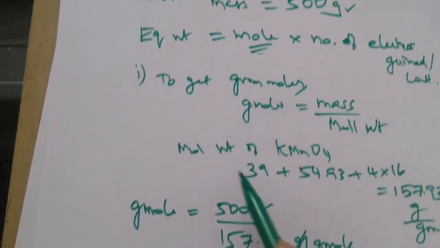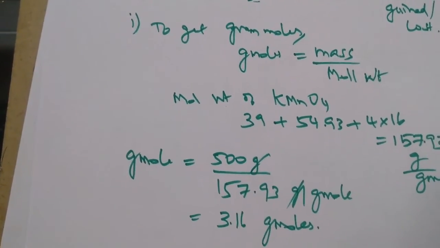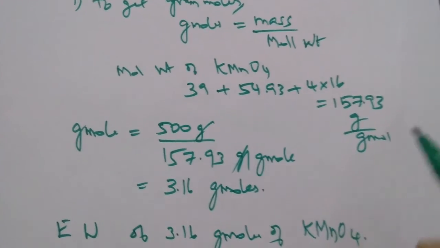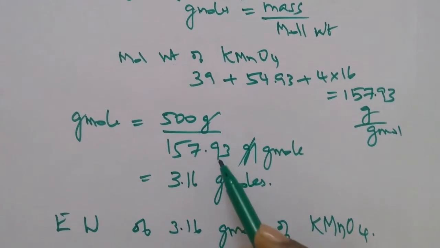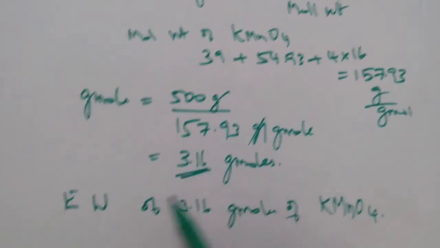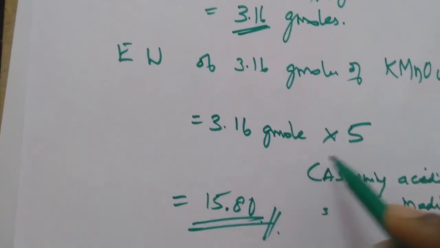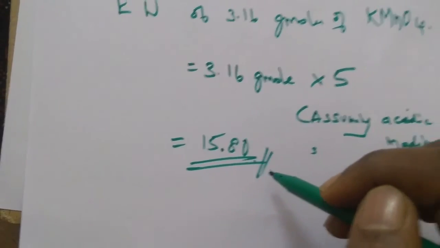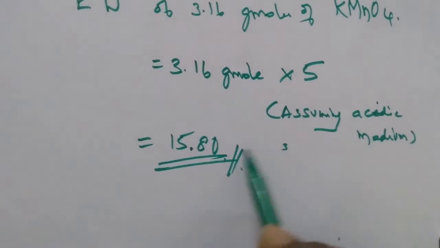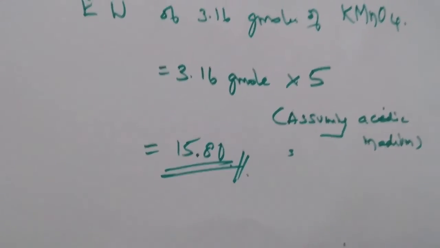To get the moles, we first determined the molecular weight 157.93, and mass divided by molecular weight gave us the number of moles, that is 3.16. And to get equivalent weight, we multiplied the gram moles by valency factor 5, assuming it to be acidic medium, and arrived at the solution 15.8.